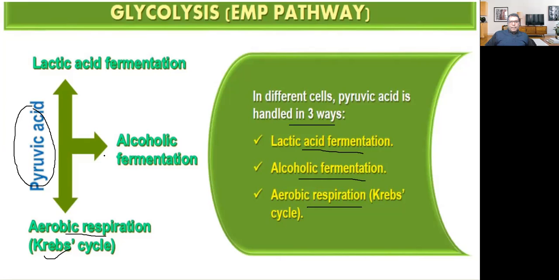If there is a shortage of oxygen, then pyruvic acid will be converted into lactic acid. If there is no oxygen, then pyruvic acid will undergo alcoholic fermentation. So these are 3 ways. First is lactic acid fermentation, second alcoholic fermentation, third aerobic respiration.